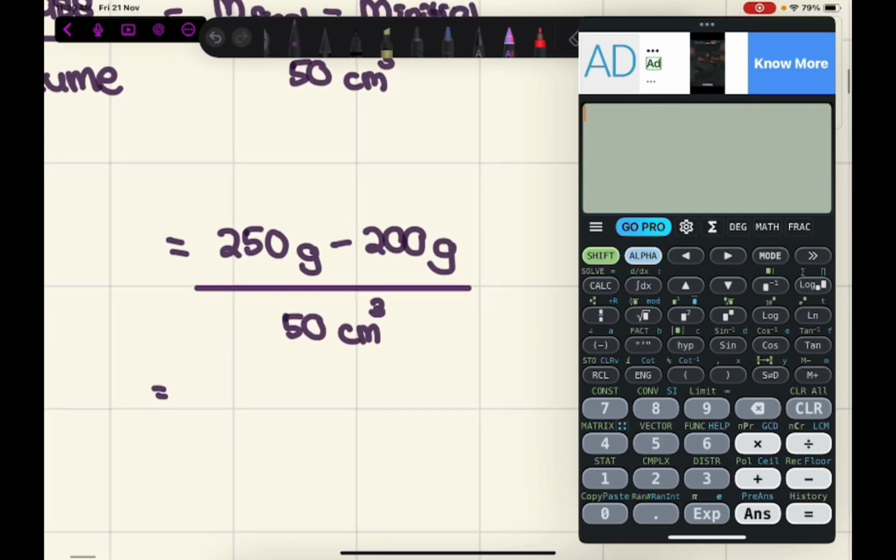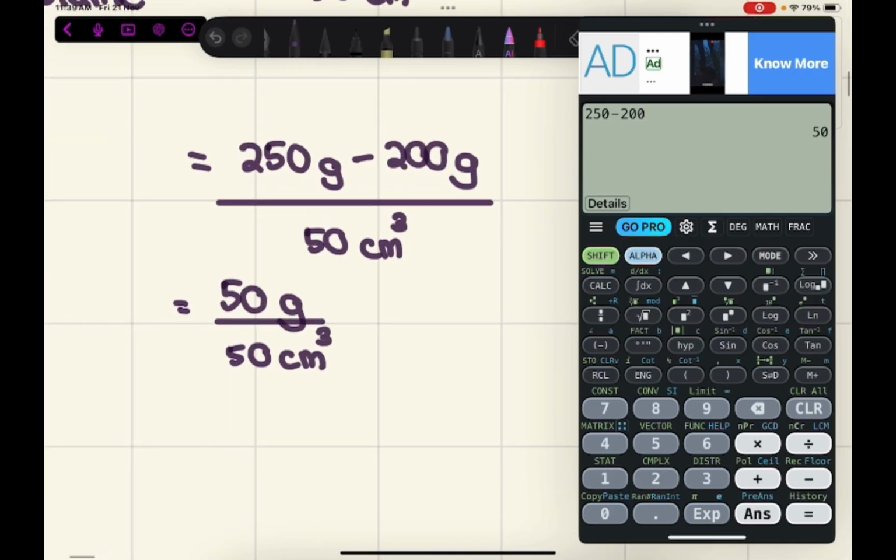Okay, so use your calculator. 250 minus 200 becomes 50 gram divided by 50 cm cube. So use your calculator if you don't know how to calculate.